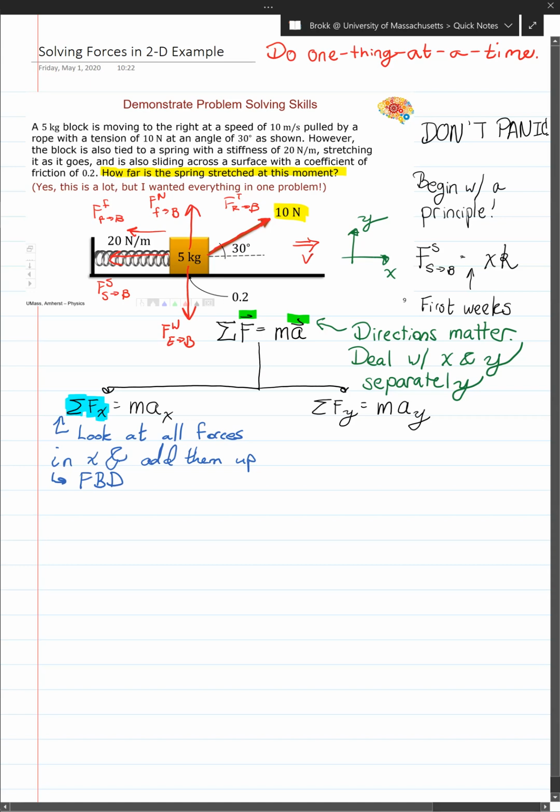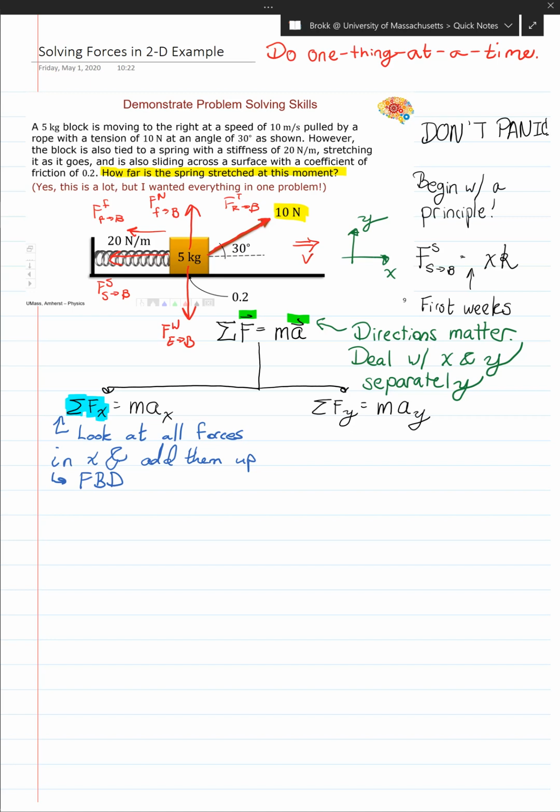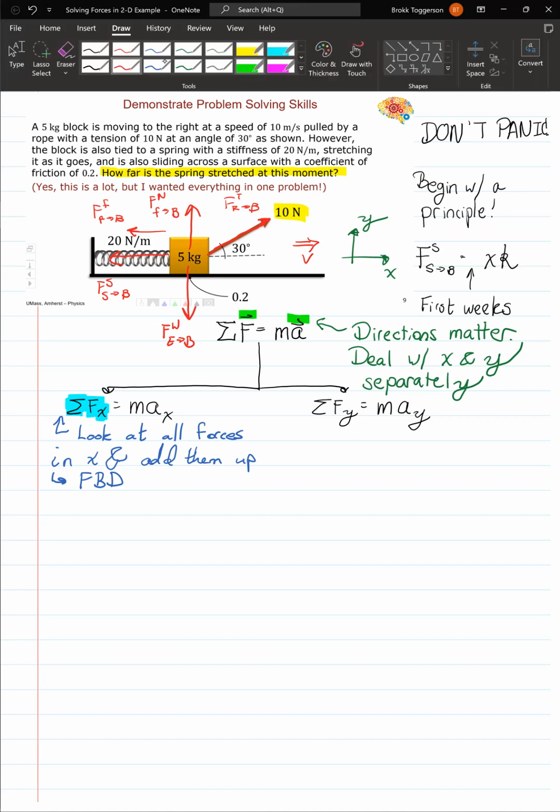Now, looking at our free body diagram, what forces act in the X direction?